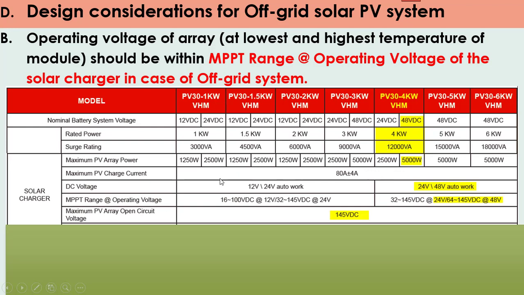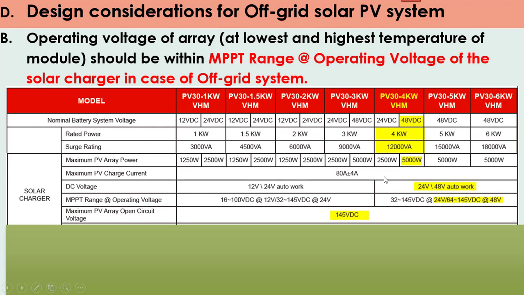This is the notation that I would like to remark on for the solar charger. As we see, for this type, the voltage range for the 48 volt DC system voltage is from 64 to 145 volt DC.